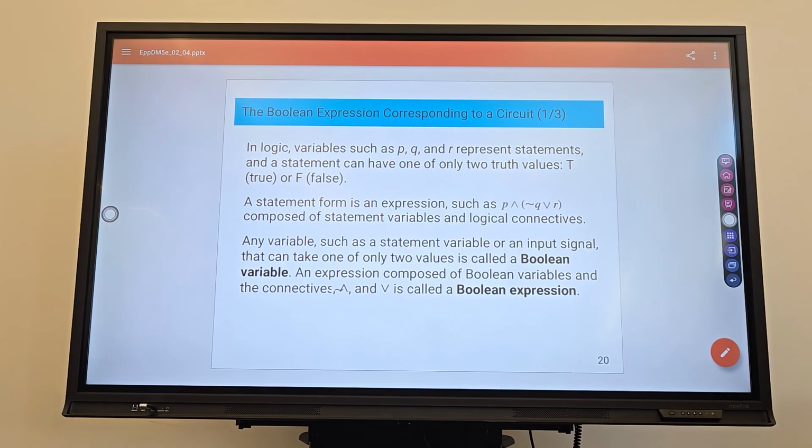Any variable, such as a statement variable or input signal, that can take on only one of 2 values is called a Boolean variable. An expression composed of Boolean variables and connectives is called a Boolean expression.